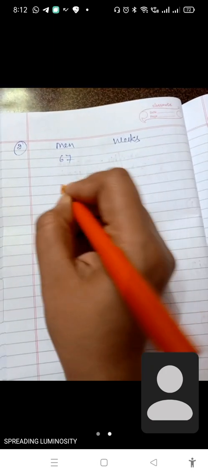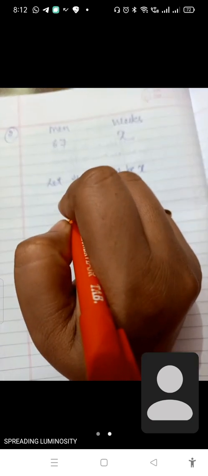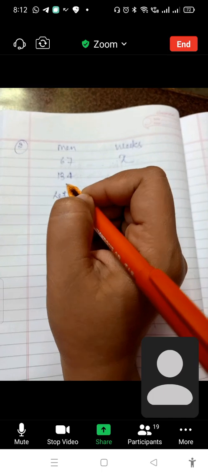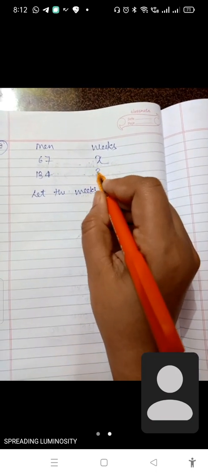Men and weeks. Let the weeks be X. 134 men can build in 3 weeks. Is it visible?